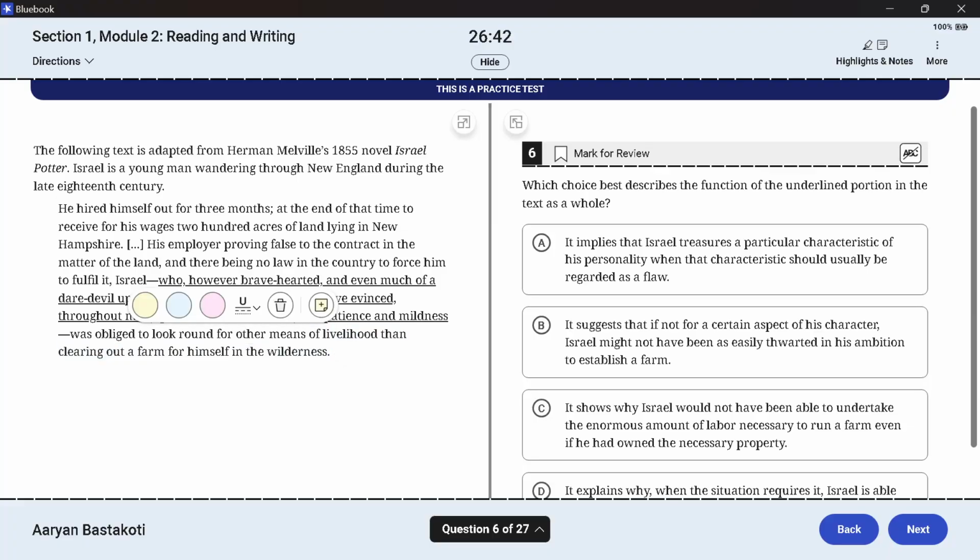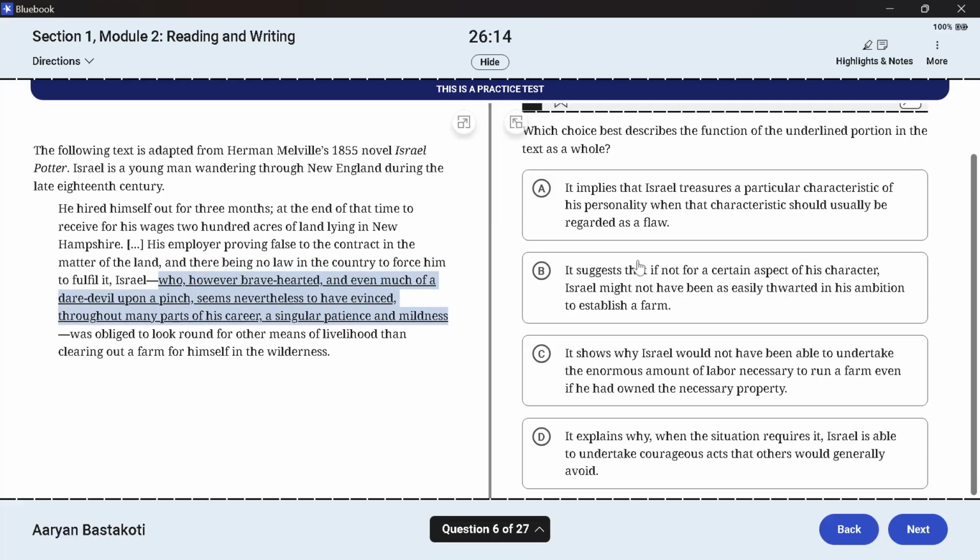Okay, the employer of this Israel guy seems to have made a false contract, and this is describing the character of Israel. Although he is powerful, he fights for himself. He's not really doing anything about his current situation. So yeah, okay, this is the function of the underlined text.